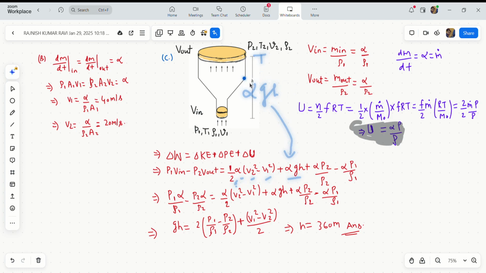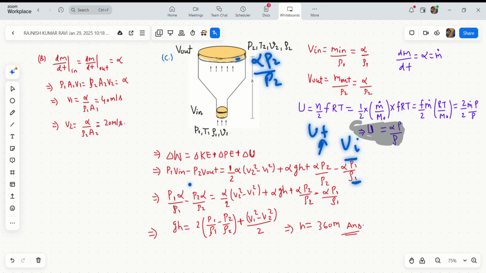Change in internal energy is the final internal energy, alpha P2 by rho 2, which is UF, minus the initial internal energy of the ideal gas, UI.